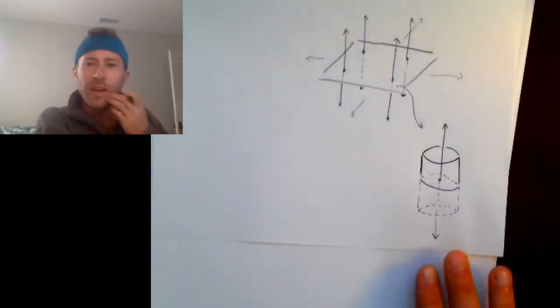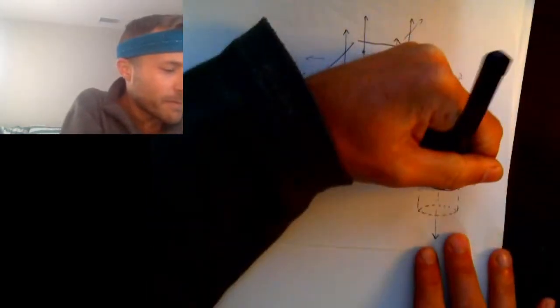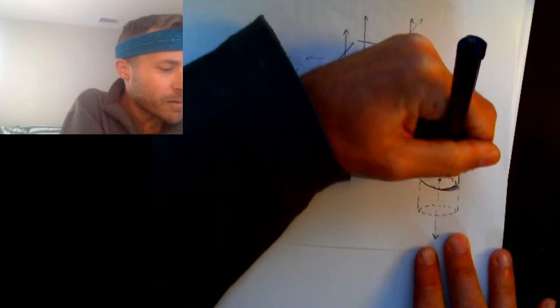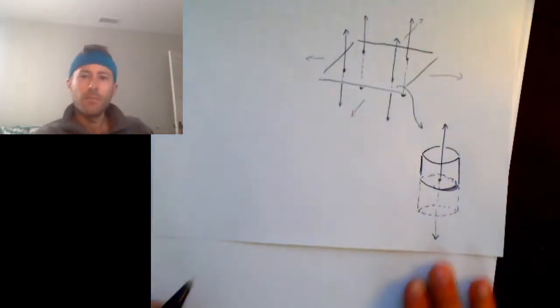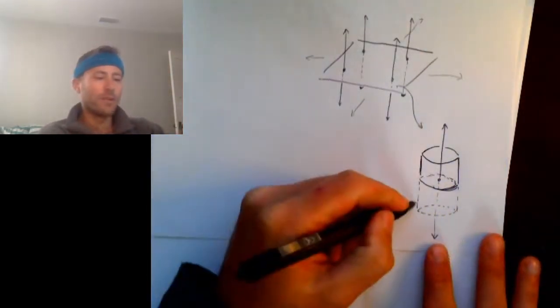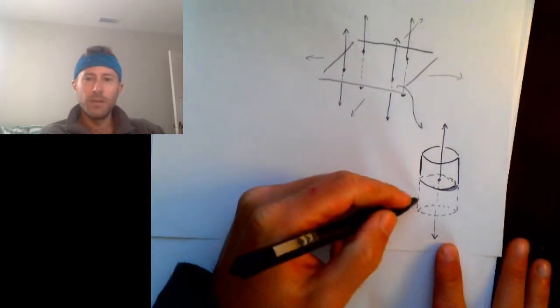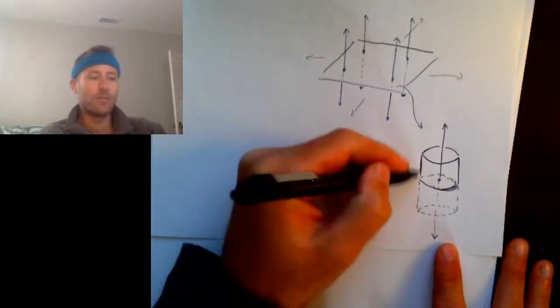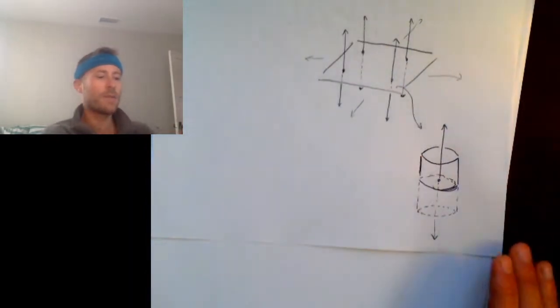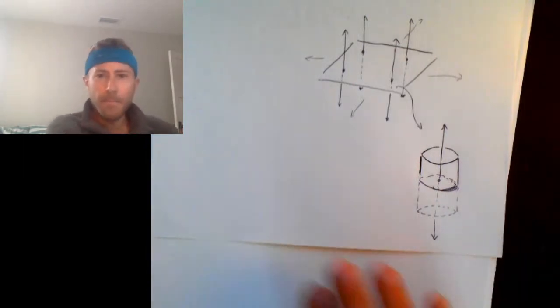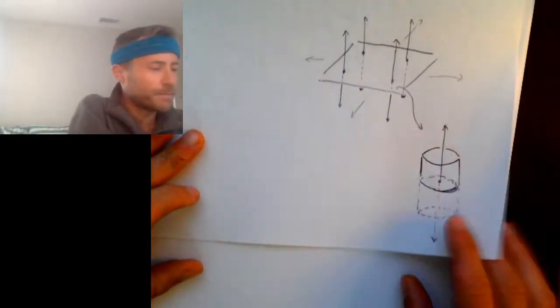So this is the part that is below the infinite plane, and this is the part that's above. I hope that makes sense.